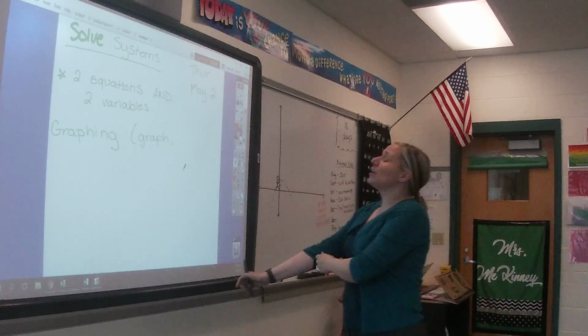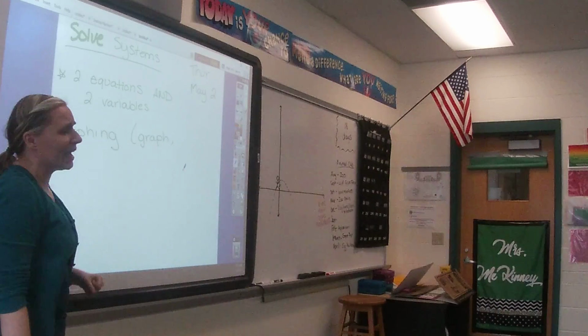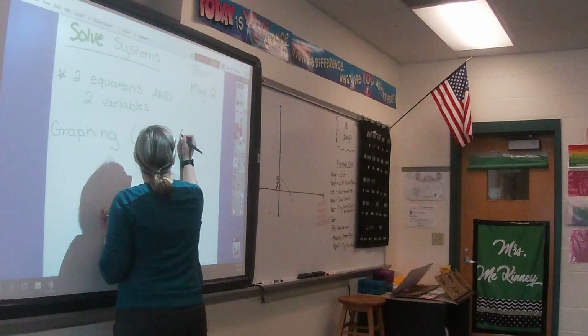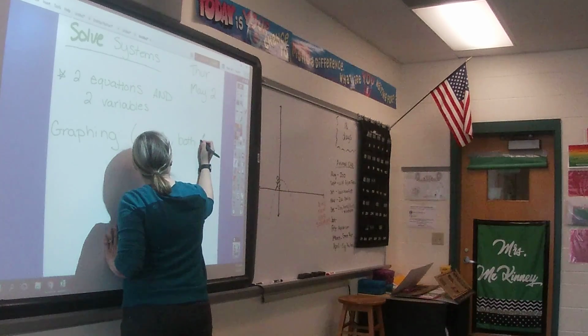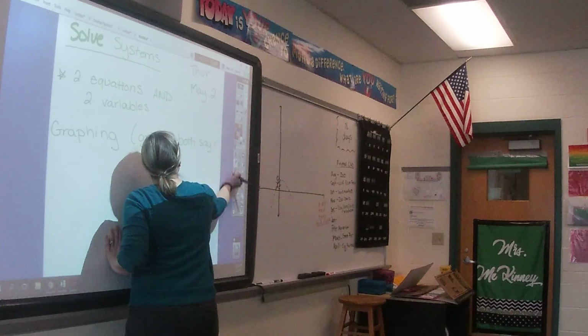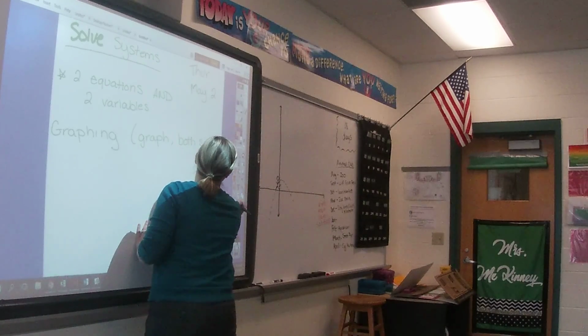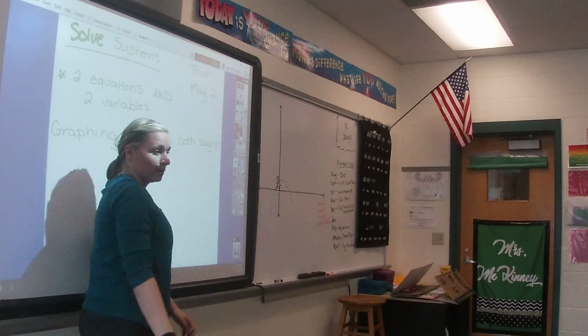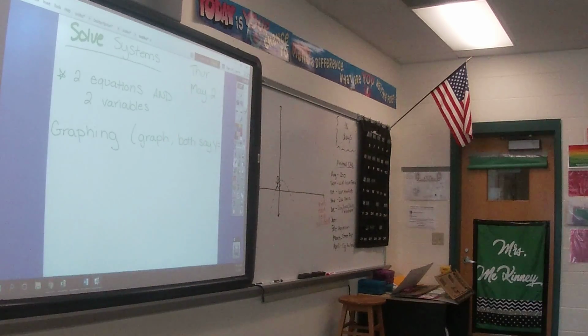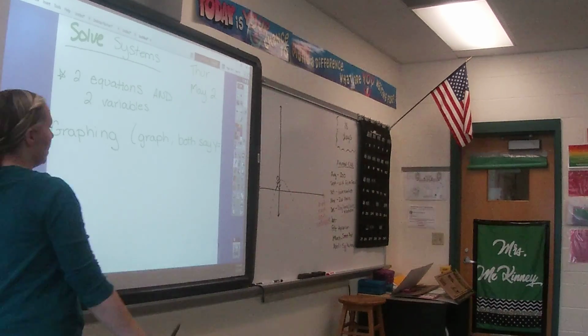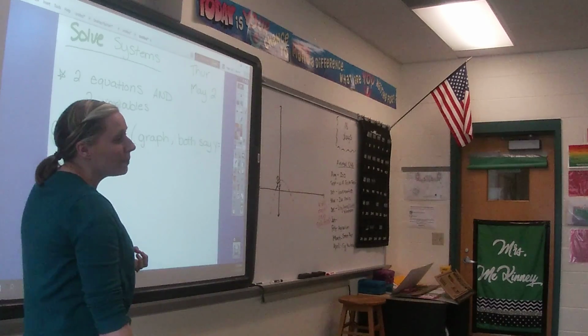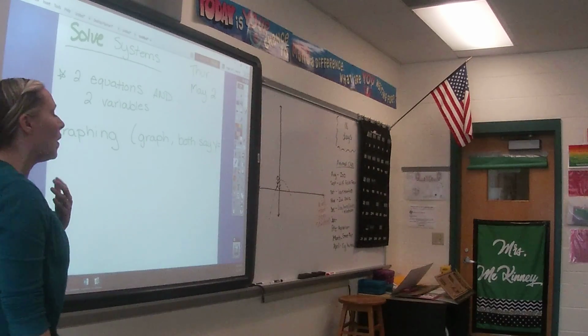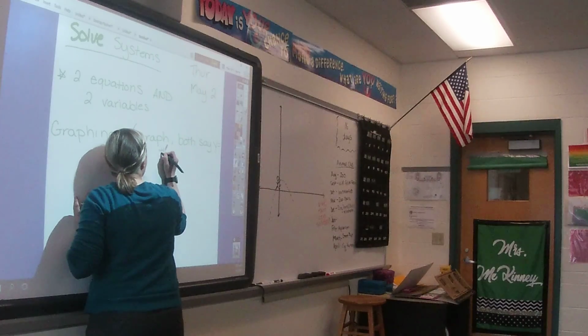Solving by graphing is also only really nice, neat, and convenient when both of them say y equals, when it's set up in a format that's easy to graph. The last thing that makes solving by graphing convenient is only when the numbers are small.